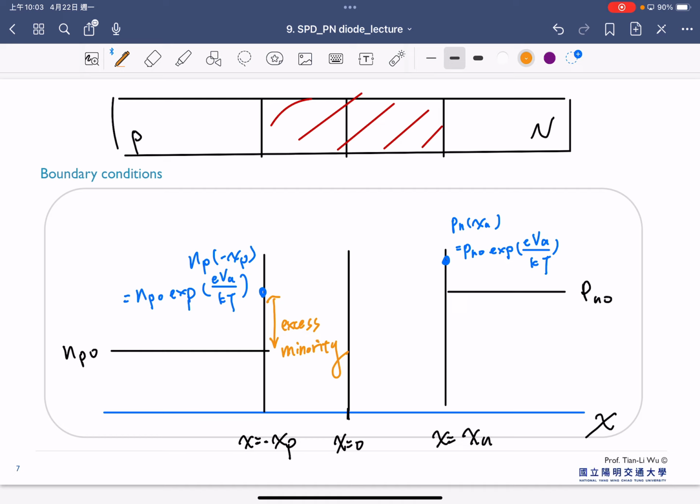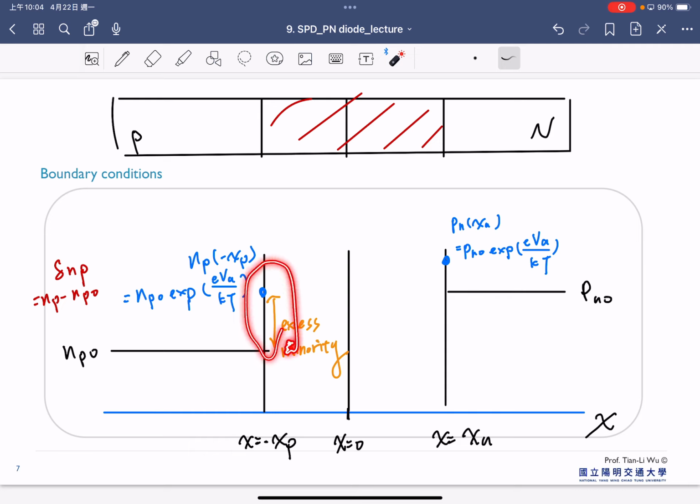Because in a real device, we do have to consider the excess carrier. In this case, the excess carrier is equal to NP minus NP0. But you might be confused where this excess carrier comes from.